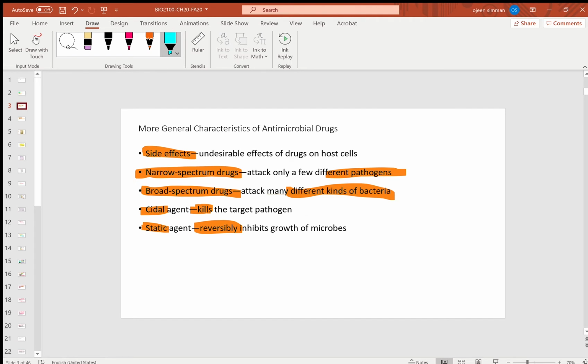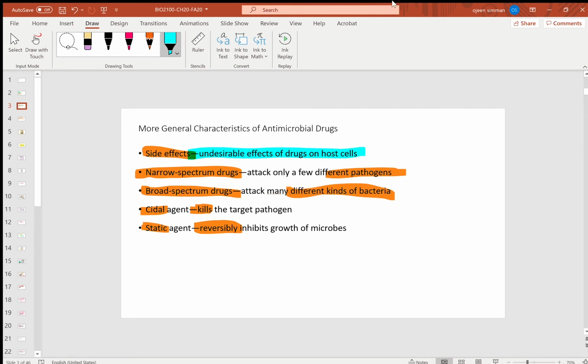Side effects is basically when a drug produces unwanted effects on the host or on the patient. If you have a question, just make sure you unmute yourself and ask me.